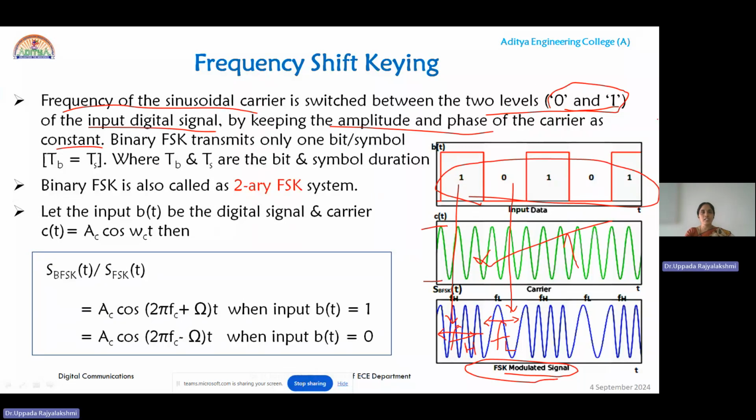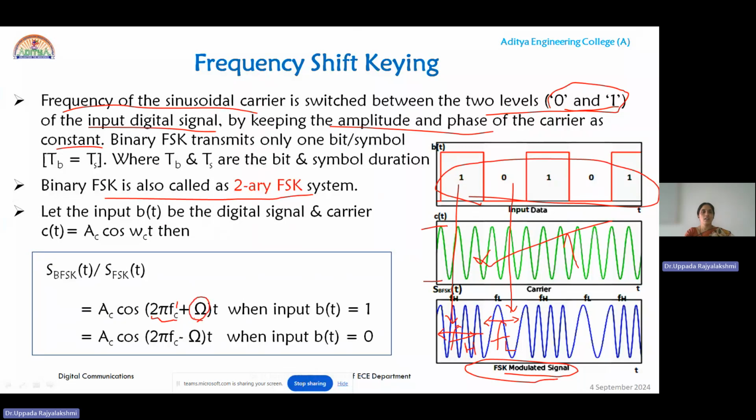This FSK signal is also known as two-array FSK or binary FSK, in which you will have two frequency changes. The actual frequency is 2 pi FC, and you can observe plus omega change.